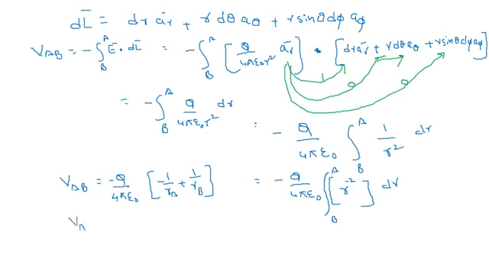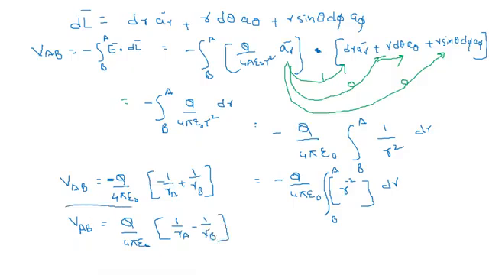Now I am rewriting this equation. As this minus is there here, I will be taking it out and taking it inside, so the equation will become q by 4 pi epsilon naught, 1 by RA minus 1 by RB.